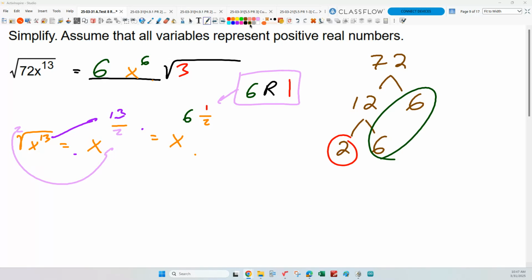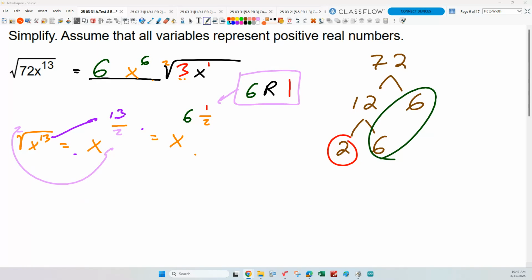The 2, remember, corresponds to that 2 on the radical. It's a square root. So the denominator of that fraction means square root, and the 1 is the power of x that's inside the radical. Is this ringing a bell? I know, again, it's been a whole week.